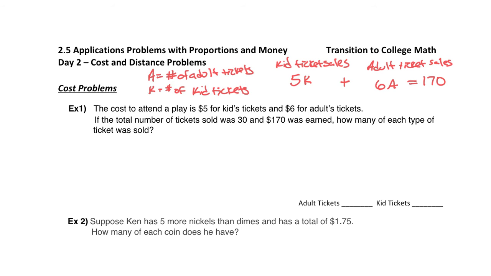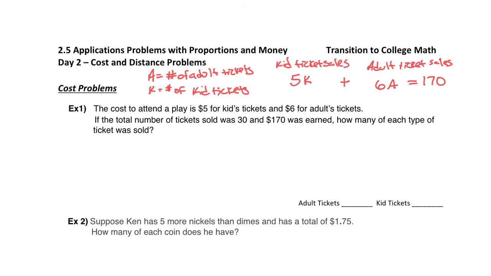Now, the problem that we have is there are two variables in this equation, and we know that we can't solve an equation with two variables. Typically, we would look for some sort of comparison to get rid of one of the variables, but there is no comparison here. Instead, we just know that the total number of tickets sold was 30.